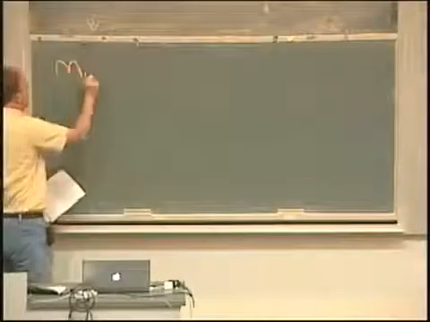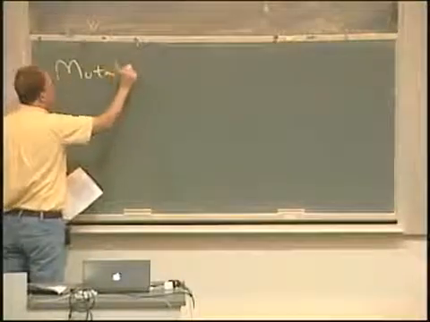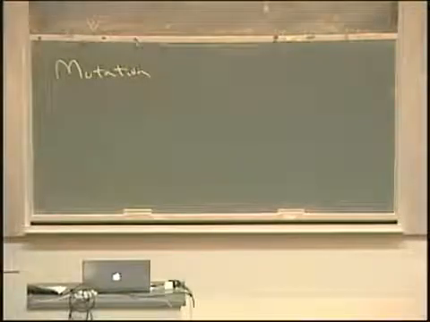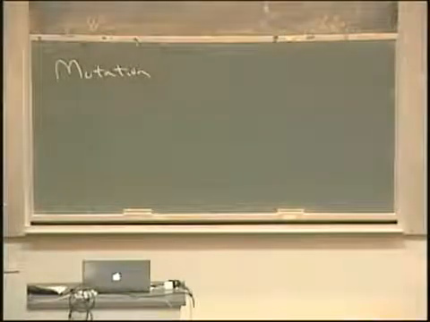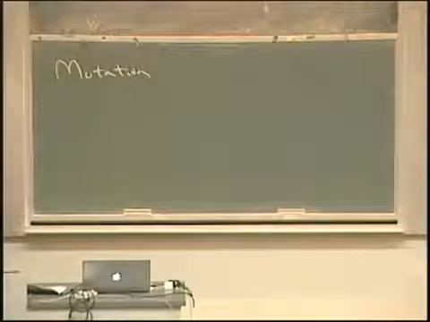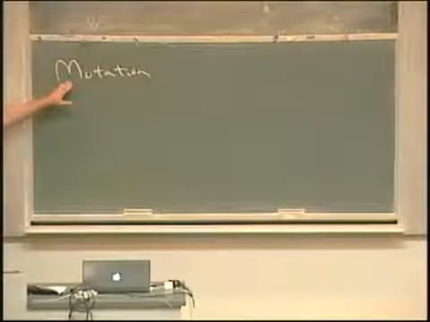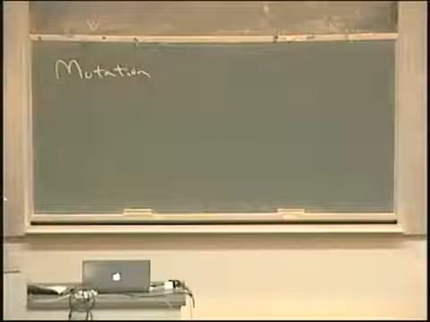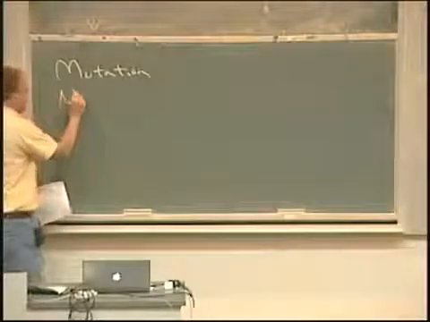One process we'll discuss is called mutation. Okay? It's the changing of an allele from one form into another. This is the process that generates new alleles. And ultimately, mutation is what introduces or causes variation in populations. We'll also talk about natural selection.